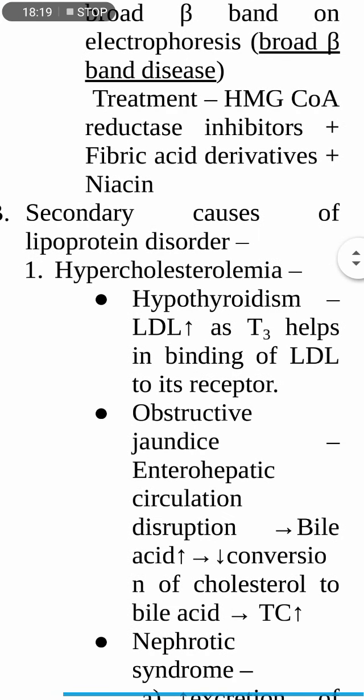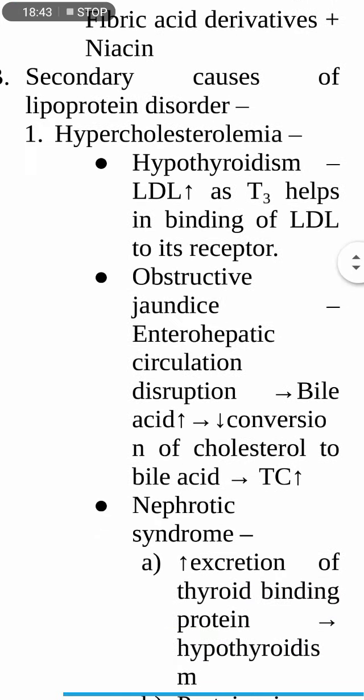First of all, the hypercholesterolemia. What are the secondary causes of hypercholesterolemia? Cholesterol level increase. What are the secondary causes? That is the hypothyroidism. Second is obstructive jaundice, and third is nephrotic syndrome.